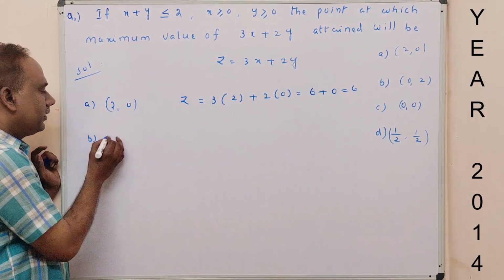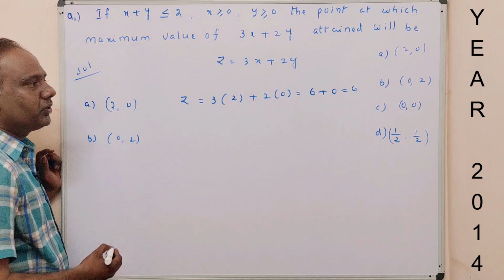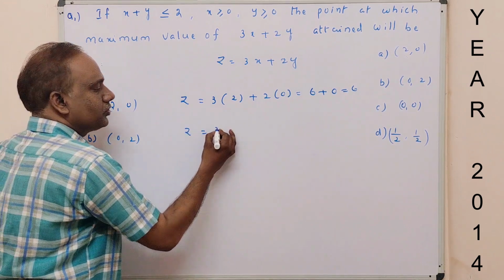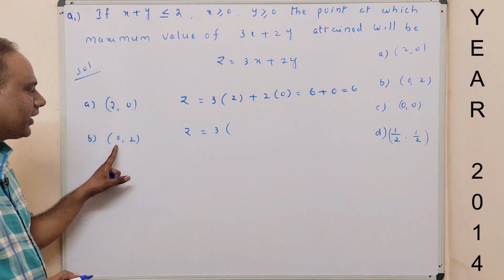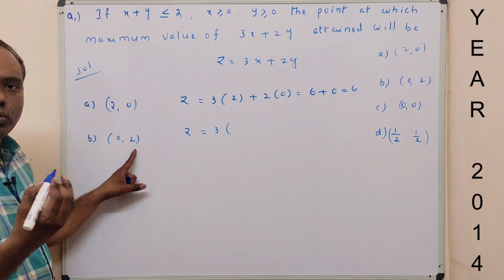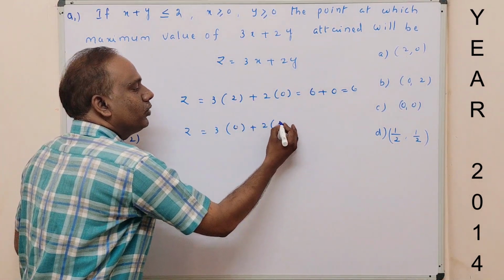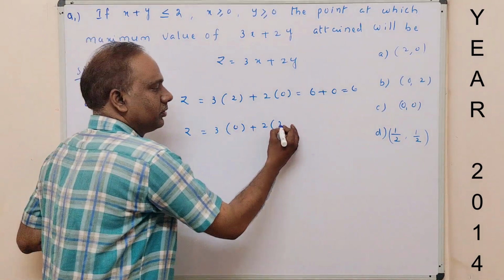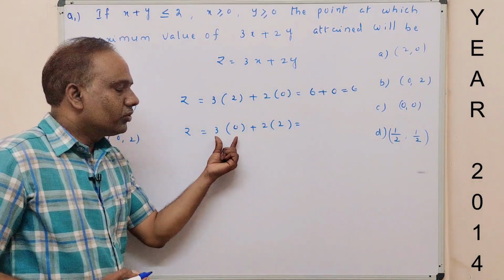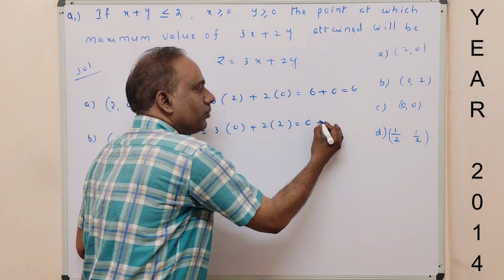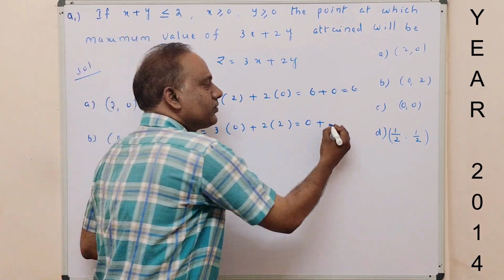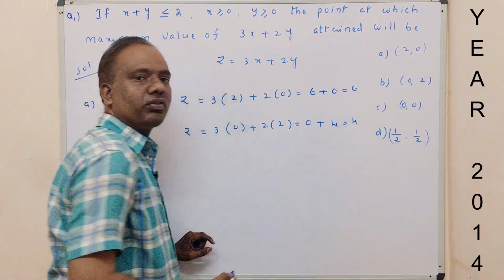Next option B. Option B is 0 comma 2. So z is equal to x value 0 and y value 2 you substitute. So 3 into 0 is 0 plus 2 into 2 is 4. 0 plus 4 is 4.